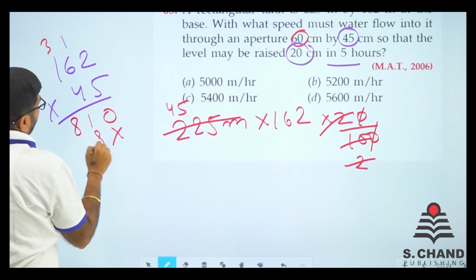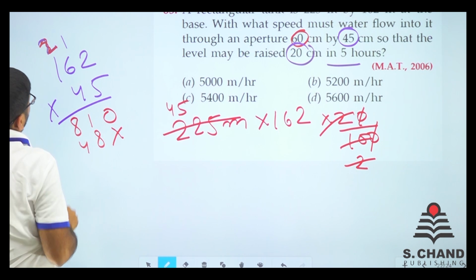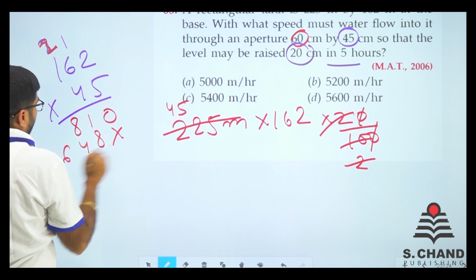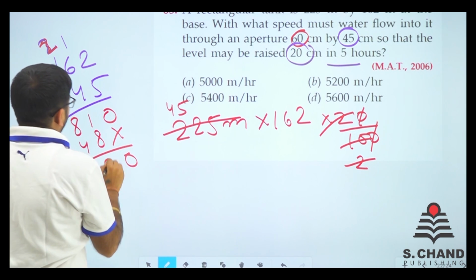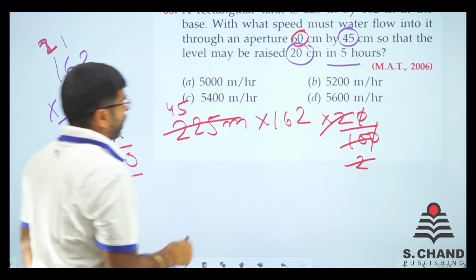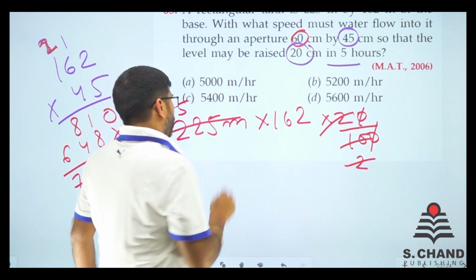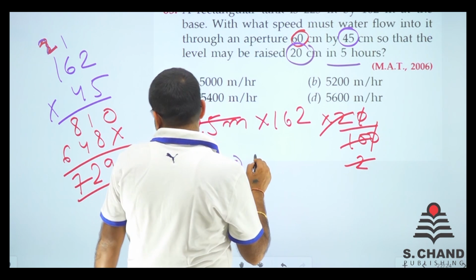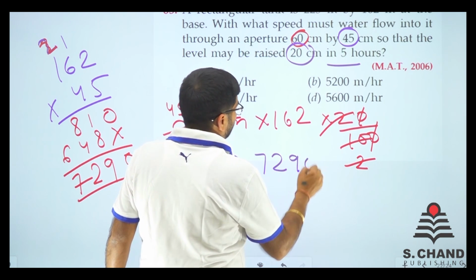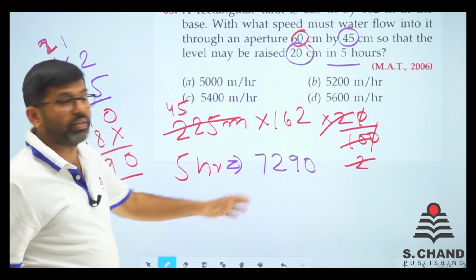Now 4 2s are 8, 6 4s are 24, so carry 2, 4 1s are 4 and 2 6. So we got 0 and 9 and 12 and 7. So total volume that to be filled in 5 hours. So in 5 hours we need to fill 7290.